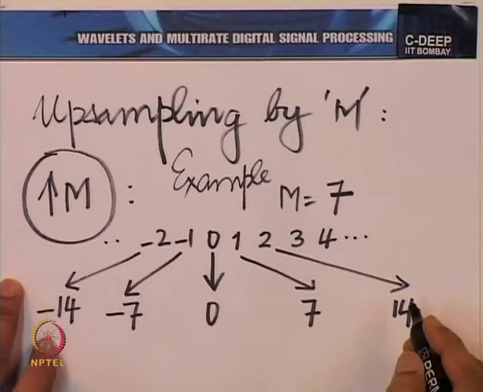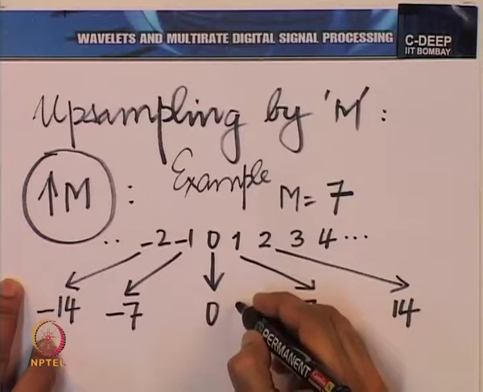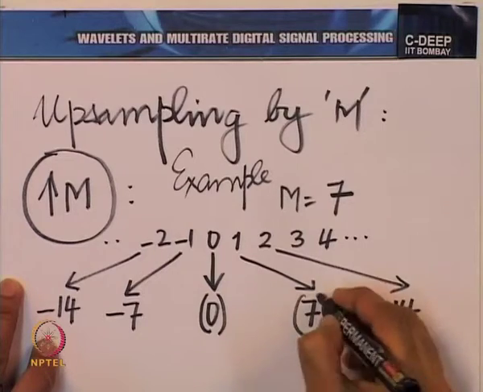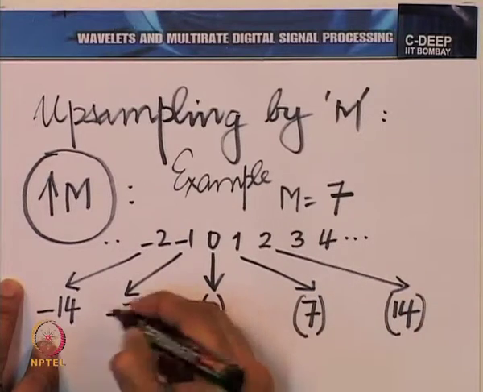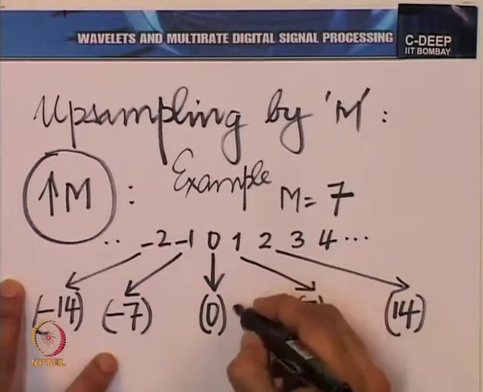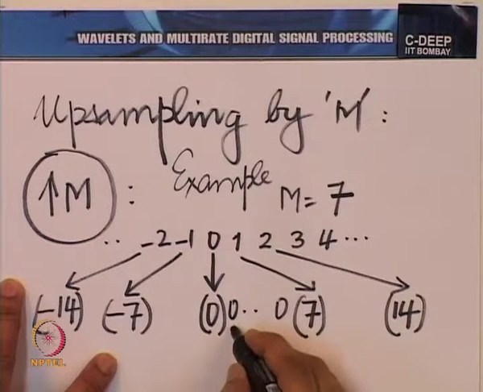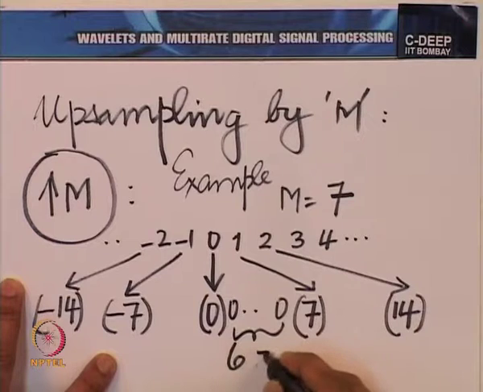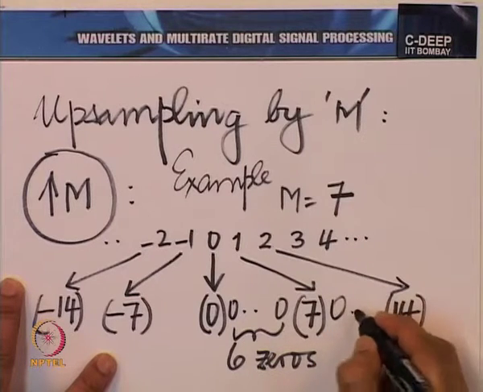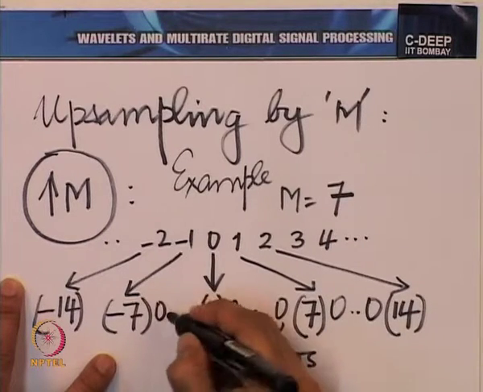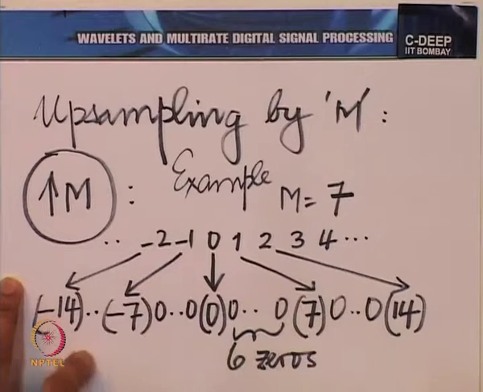I will put brackets around these just for clarity here. In between, you would insert zeros. How many zeros would you insert here? 6 zeros. Here too 6 zeros in between, here also 6 zeros and so on. So, this is upsampling by a factor of 7.